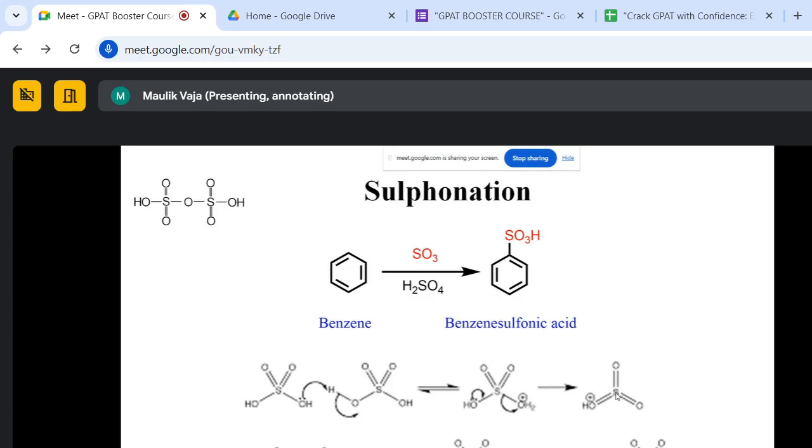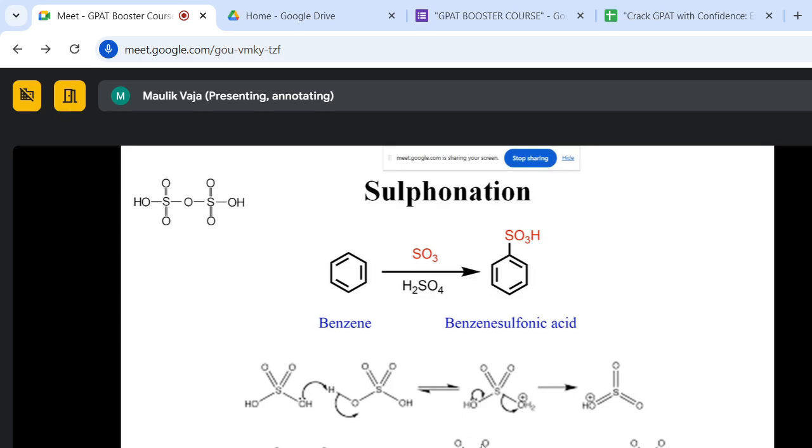This is the electrophile. This electrophile reacts with the aromatic ring to generate the arenium ion. This step is the slow step, the rate determining step. And finally, loss of proton. This proton will be kicked off to regenerate the aromatic ring, that is benzene sulfonic acid.